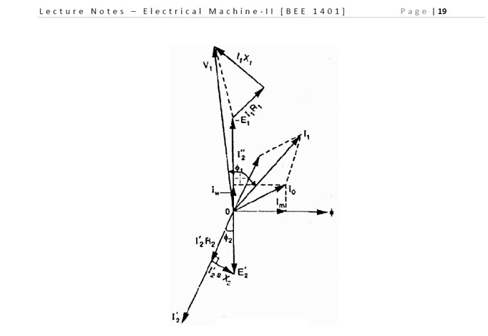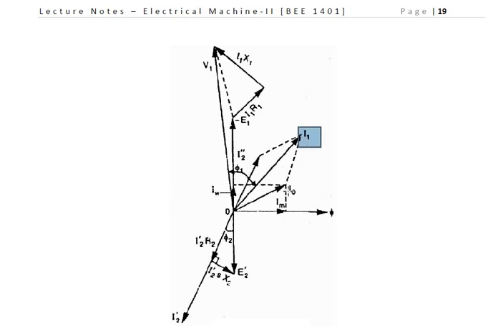So this is I2 double dash, 180 degrees in opposition with I2 dash, and its value is smaller than the actual rotor current, because we have to multiply I2 dash by K. Now we know that the resultant of I2 double dash and I0 will give us the stator current I1.